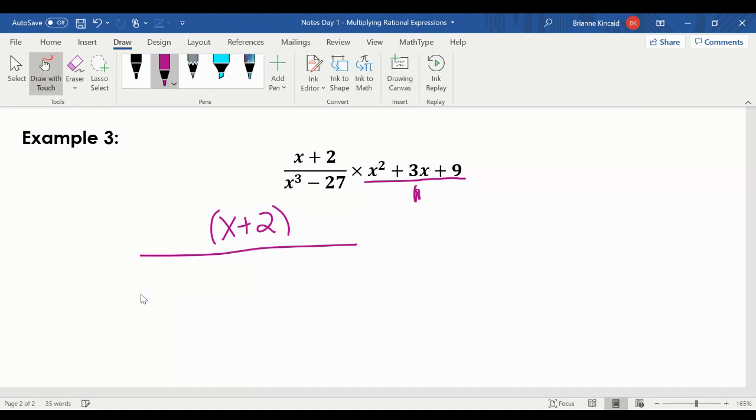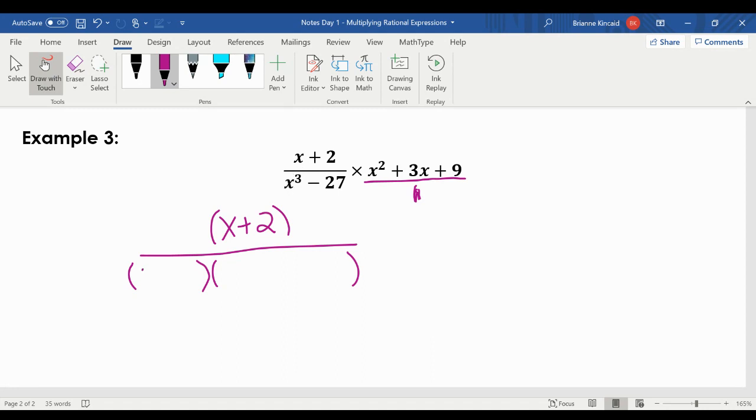What you should notice in the denominator is you have 2 perfect cubes. We know that the sum or difference of cubes is going to factor as a binomial, so 2 terms, times a trinomial, 3 terms. What I usually say is we ignore our signs to start. We have a way to remember that we're going to include here at the end. I ask myself the question, what do I cube to get to x cubed?